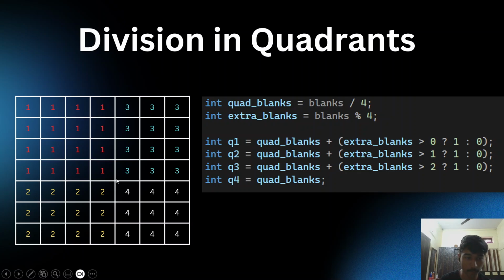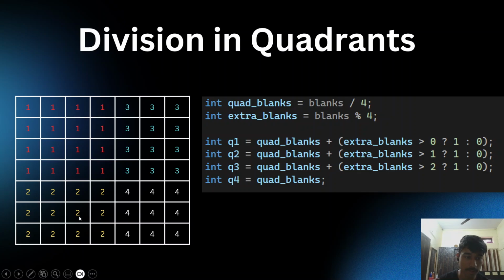So my strategy was, if the blanks are exactly divisible by 4, they will be equally divided. But if they are not, the quadrants with more spaces should get more blanks. So I defined two integers, quad blanks and extra blanks. Let's take blanks equal to 14, for example. 14 by 4 is 3.5, and it will truncate to 3 as it is an integer.